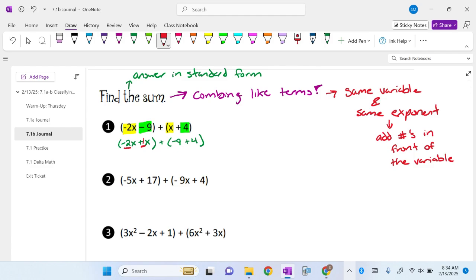So what's negative 2 plus 1? Negative 1. So this would be negative 1 and then slap an x on the end. All right. What's negative 9 plus 4? I'll give you a hint. The same thing as 9 minus 4. Negative 5. So this would be our answer, and it is in standard form. And another way you could state this is negative x minus 5.